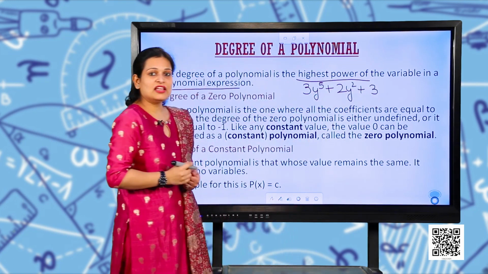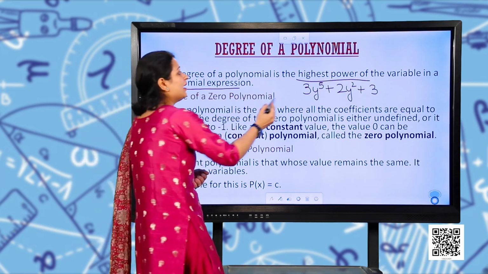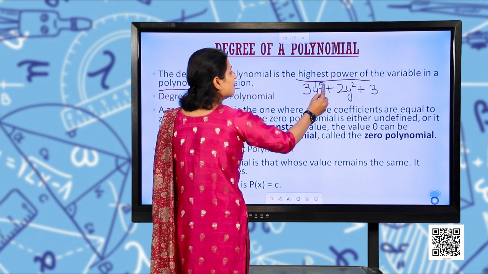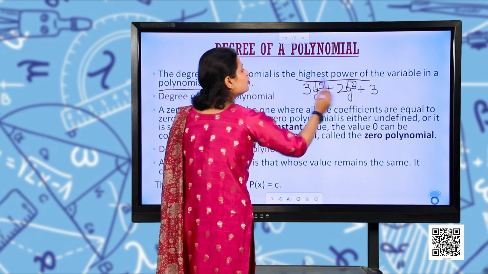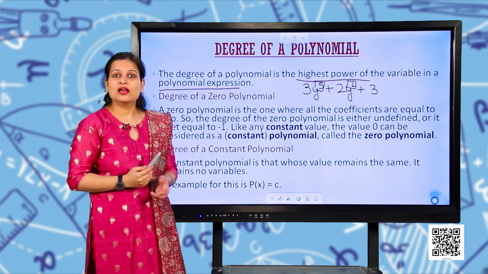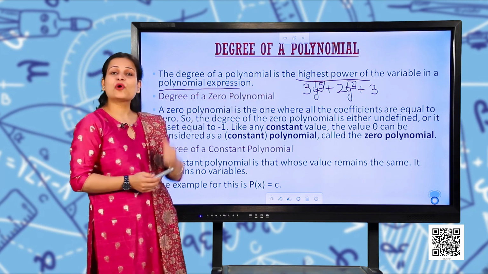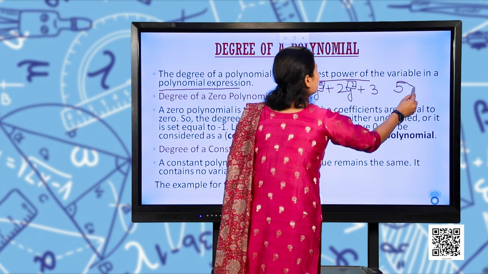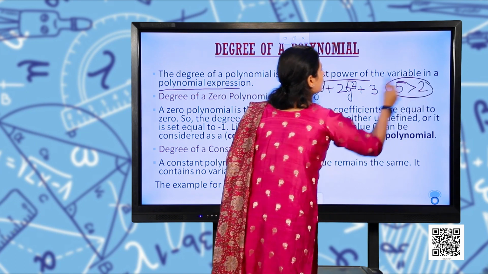So, here variable is y and I have two powers of y, one is 5 and another one is 2. So, which one is the highest? 5. So, degree of this polynomial is what? 5, because 5 is greater than 2.